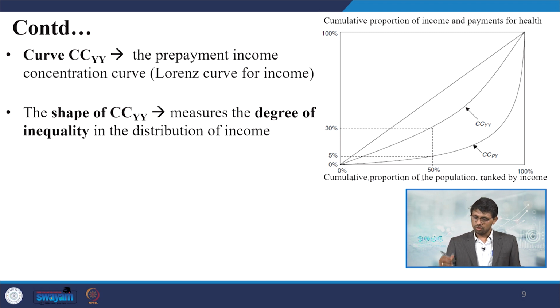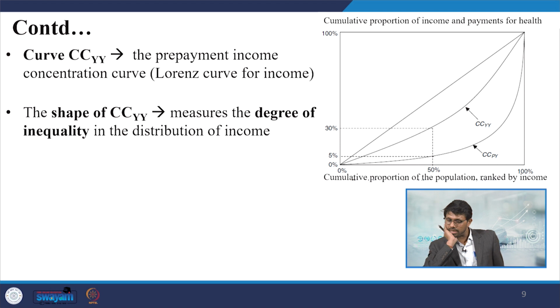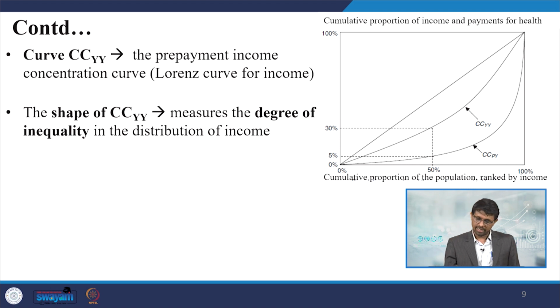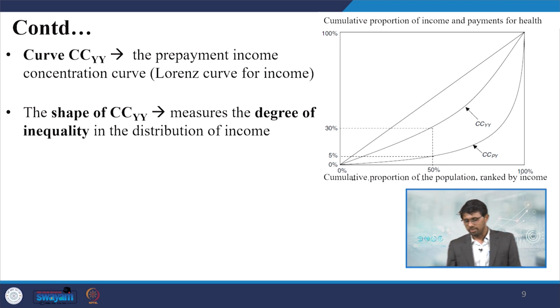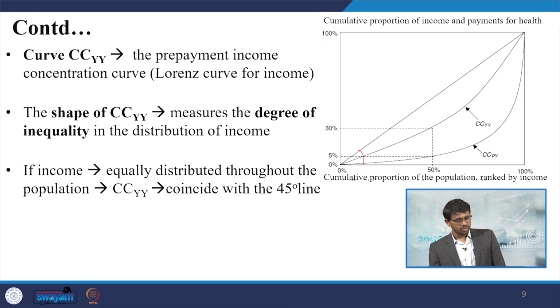Okay. So, initially we started by presenting the 45-degree line, that basically gives precisely equity in the structure. But when we present the income inequalities index, and we derive their value as a proportion of the distribution of population by their income, we see there are inequalities. So, CCYY presents the degree of inequality in the distribution of income.